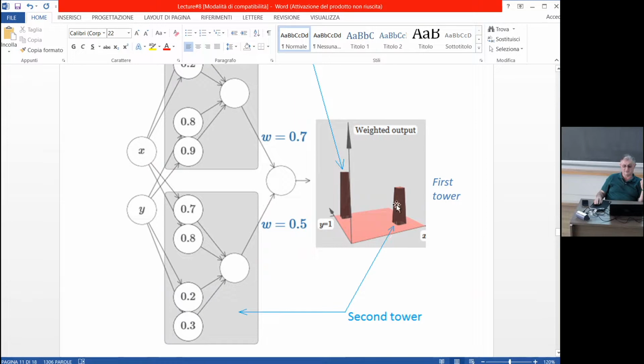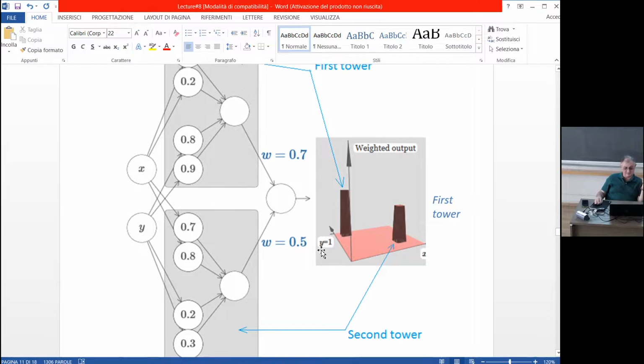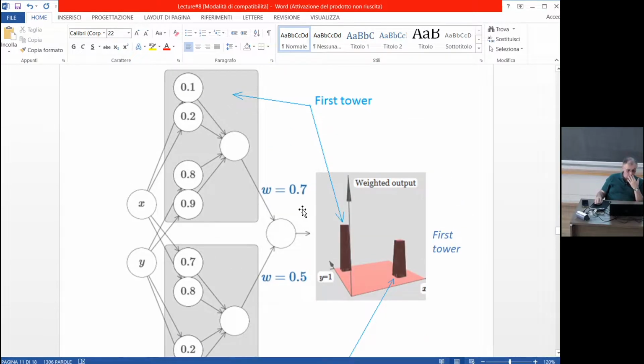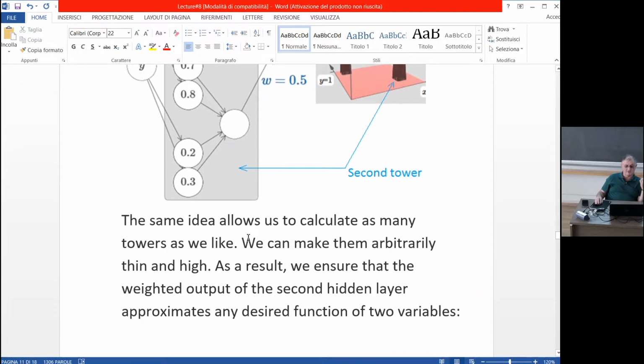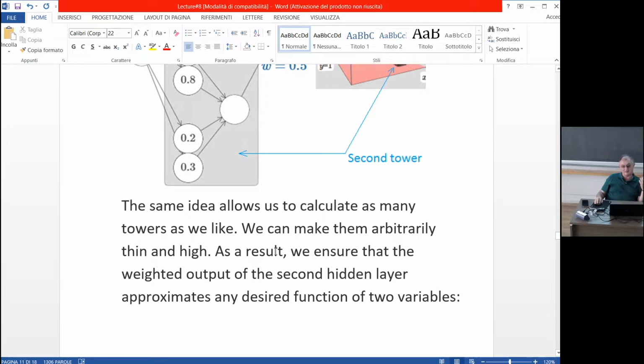So we have the second tower, which corresponds to it. So the same idea allows us to calculate as many towers as we like.